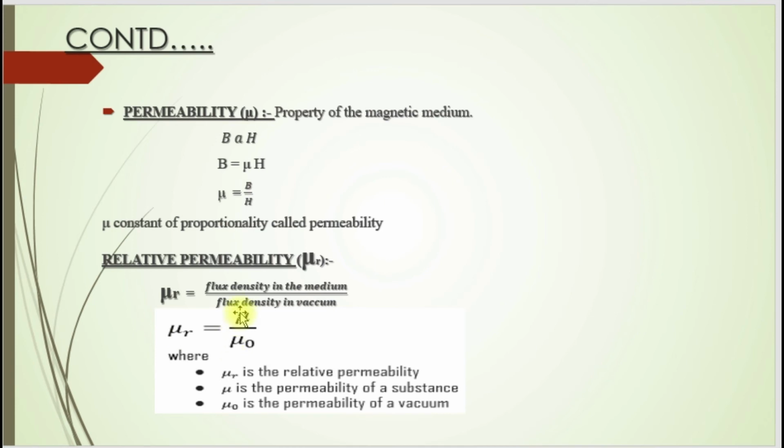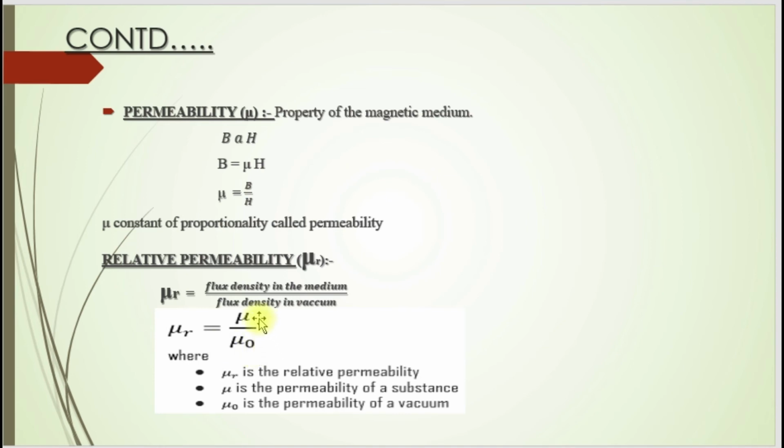Mu means permeability, mu r means relative permeability, and mu 0 means permeability of vacuum or free space. That is absolute permeability. Mu 0, the permeability of vacuum or free space, has the value 4 pi into 10 raised to minus 7 Henry per meter.